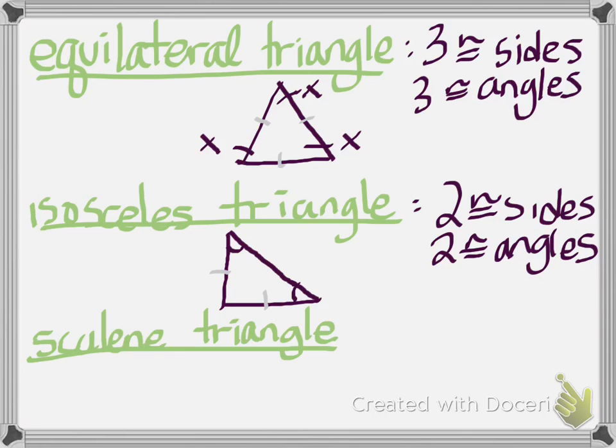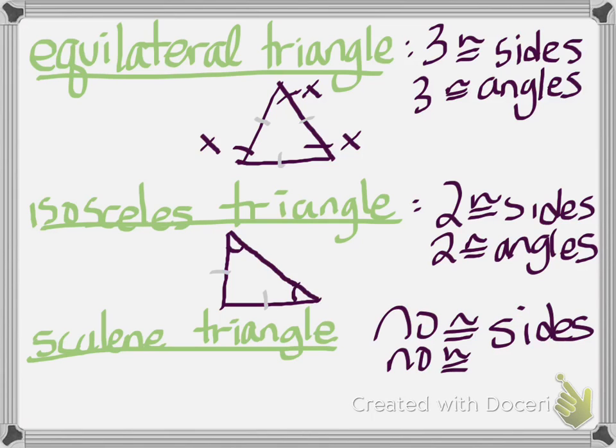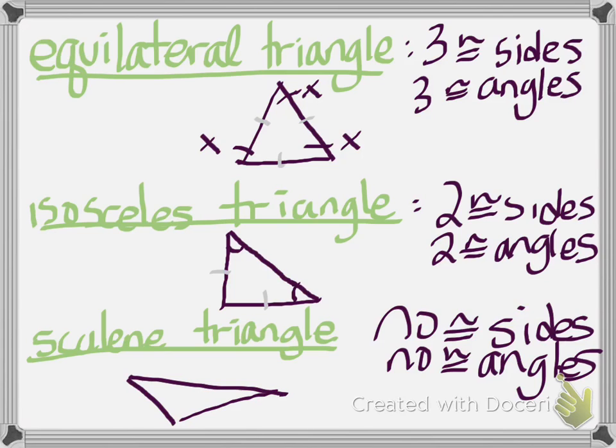Kind of looks like a right triangle, but since I didn't draw the symbol, we don't know for sure if it is or it isn't. A scalene triangle has no congruent sides and no congruent angles. So that could be something like that. None of the angles are the same. None of the sides are the same.